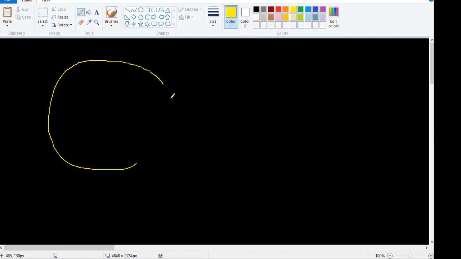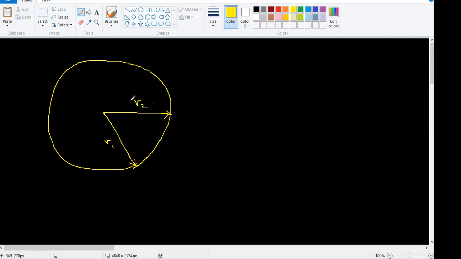So if I consider a circle like this, if I consider two points, so this is R1, this is R2. But remember, the vector is pointing this way.